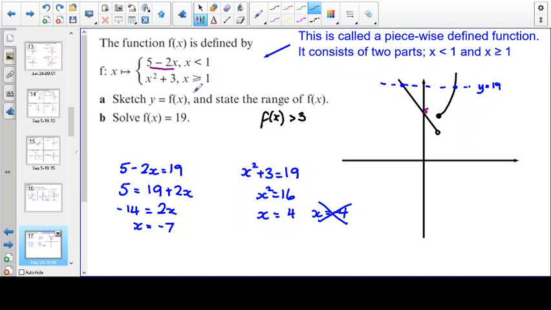It's got to be greater than or equal to 1. Okay, so those are our two solutions. So it's good to have a sketch so you can see which solutions are valid. If the sketch wasn't there, you could see which one was valid by going back to this domain here. Okay, so that's a piecewise function, and they crop up every now and again.